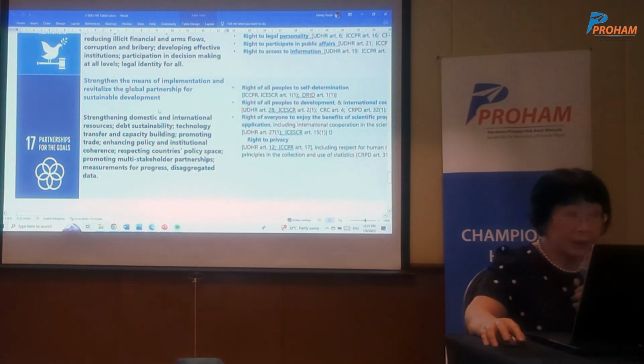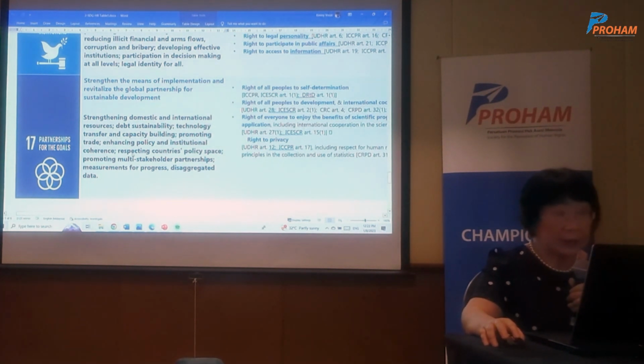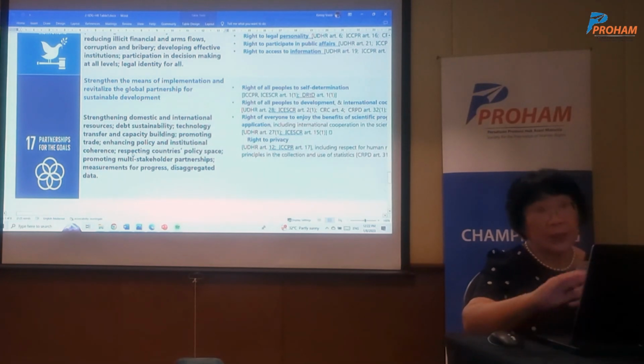We need to strengthen domestic and international resources, debt sustainability, technology transfer, and capacity building, promote trade, enhance policy and institutional coherence, respecting countries' policy space, promote multi-stakeholder partnerships, and set up measurements for progress with disaggregated data. So this is a very fast rundown of the 17 SDGs. Do you have any questions?